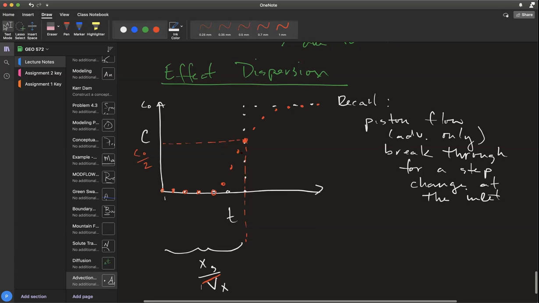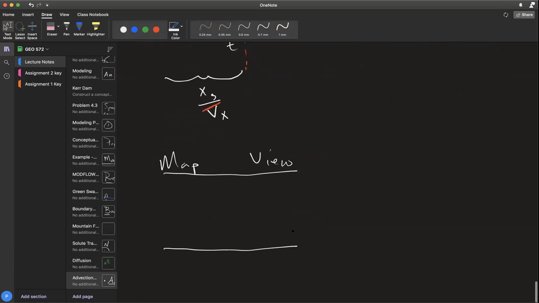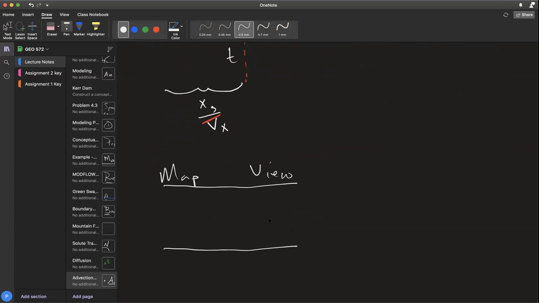Let's consider another problem. So let's think in map view. We're looking down upon groundwater flow in a uniform flow field.